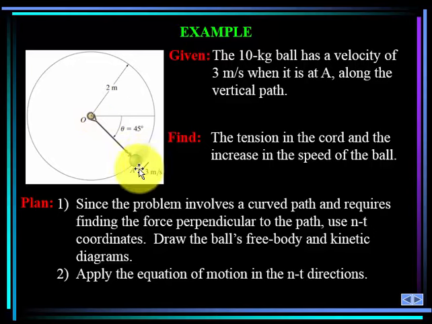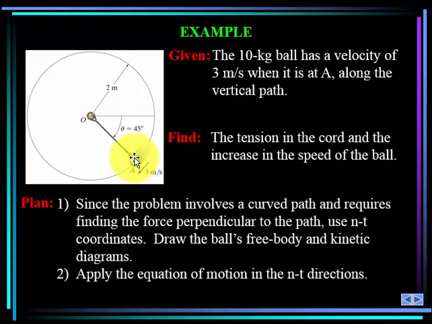This would be very much like a person on a very exciting swing if they ever went to the top part. What we want to know is the tension in the cable and the tangential acceleration, or the rate of increase of the speed of the ball. That'd be the tangential acceleration.